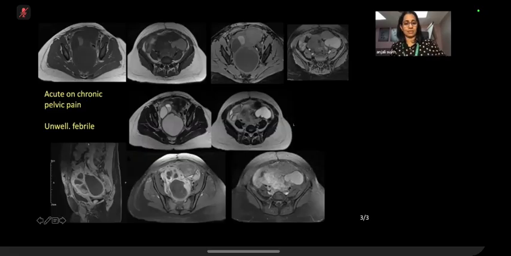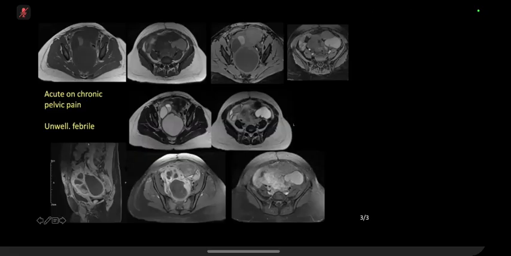These are post-contrast images. On the post-contrast images, I can see central elements which don't show any enhancement, but there is surrounding enhancement, and I'm suspicious whether there's an element of pyometra going on in the patient.